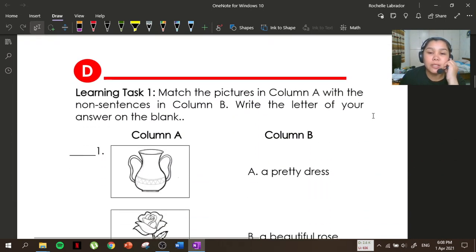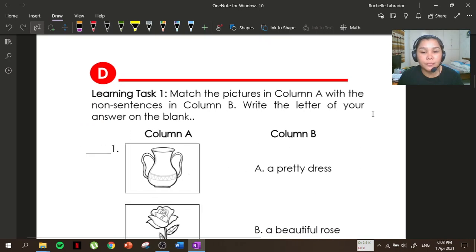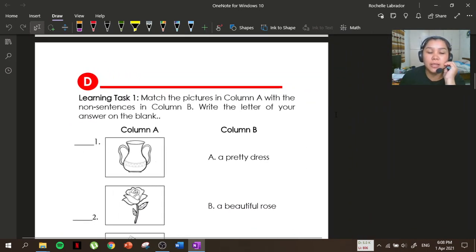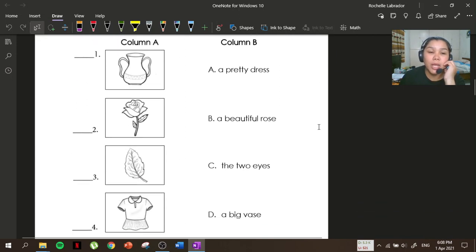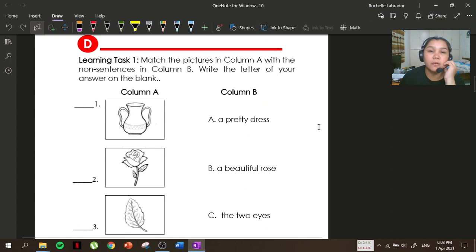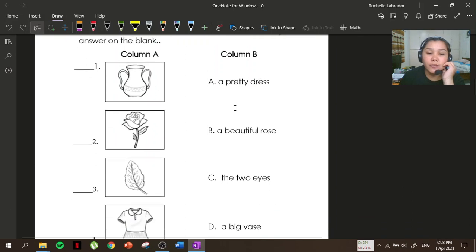Okay. For the first activity, this is an activity about non-sentences. In column A are pictures, just like the examples given. They make use of pictures. And then on column B are phrases or non-sentences. If you notice, non-sentences are short, but not all the time.